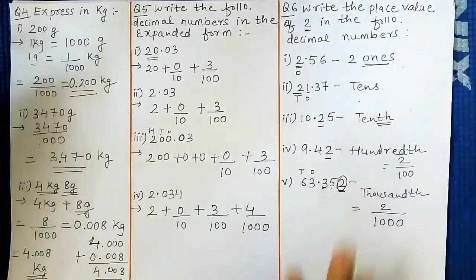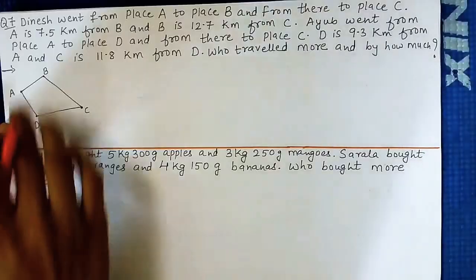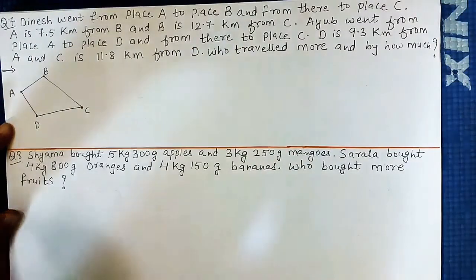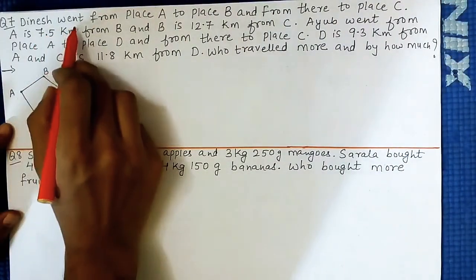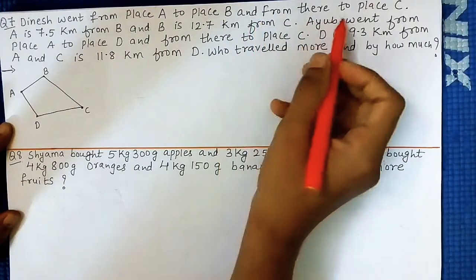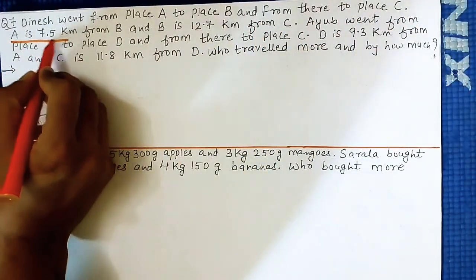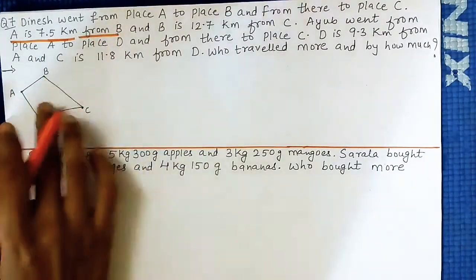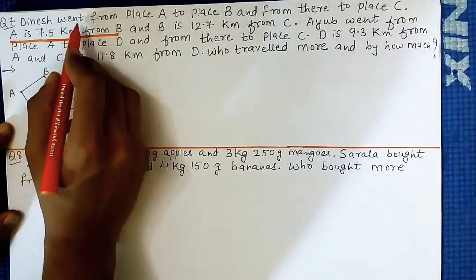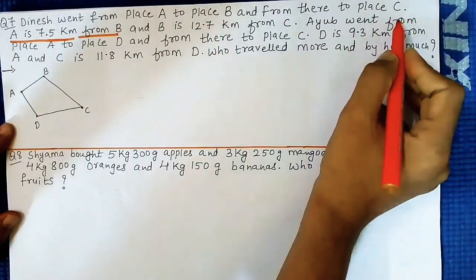So this was question number 6. Now question number 7 we will see. Let us first read the question. Dinesh went from place A to place B and from there to place C. Now A is 7.5 kilometer from B. Now this figure is given to you, A, B, C and D. So Dinesh went from A to B and then to C, right?